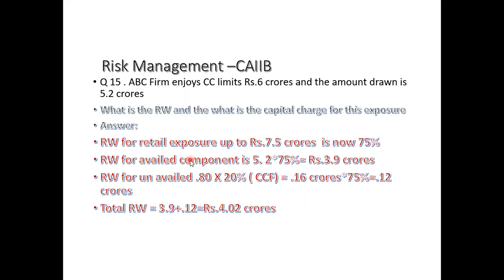Now undrawn balance. Now I am bringing another concept. Understand the steps carefully. ABC firm enjoys a CC limit of 6 crores and the amount drawn is 5.2. First point to remember: the risk weight is 75% because 6 crore is a retail regulatory exposure. It is a firm, not a company.